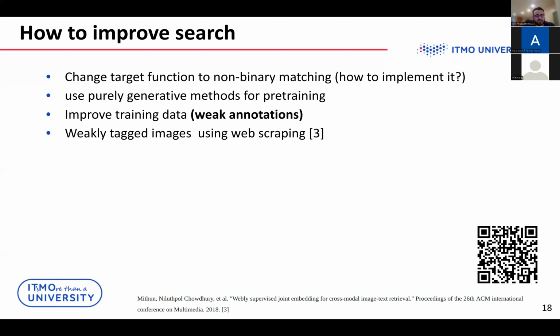Especially now, because generative methods are very cheap, you can widely use them for pre-training, generating all these synonymous sequences and similar images. This is good even if you don't put a lot of effort in and just take generative models.